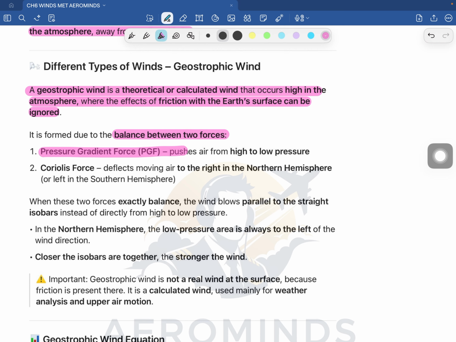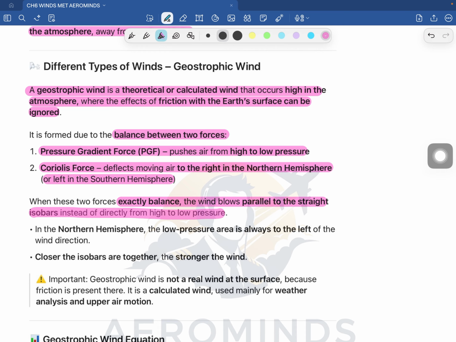The pressure gradient force pushes the air, which starts the air from rest, and the Coriolis force bends the air to the right in the northern hemisphere and to the left in the southern hemisphere. Remember this. Now when these two forces are exactly balanced, the wind blows parallel to the straight isobars instead of flowing directly from high pressure to low pressure.